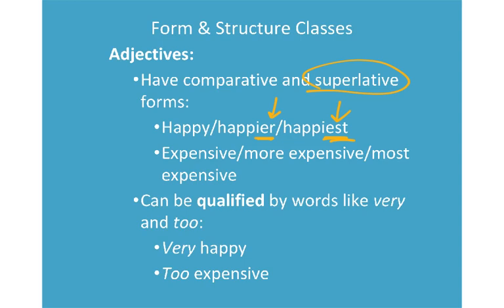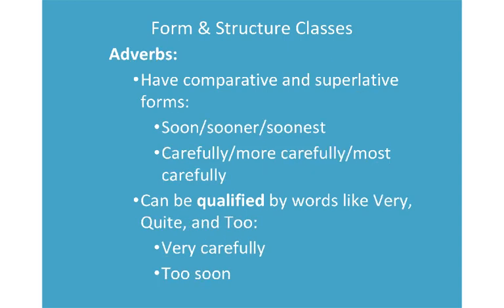So happy can turn to happier or happiest. Expensive, more expensive, most expensive. We're making them comparative or superlatives. It can also be qualified by words like very and too. Very happy or too expensive. That's a good indicator that you've got an adjective afterward.